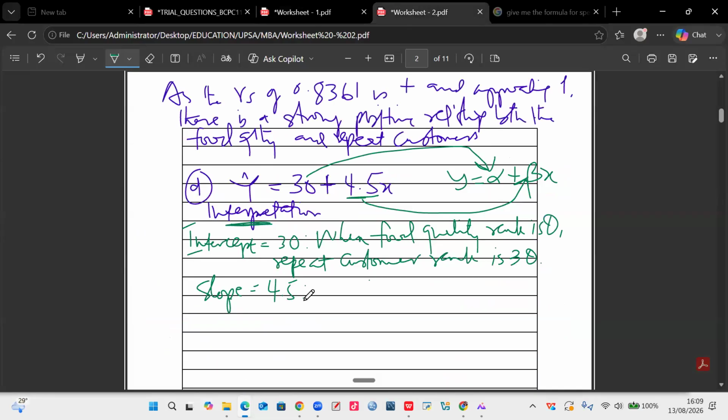How do you explain it? So we explain that an increase in repeat customer rank... Always an increase in X first. Do you understand me?